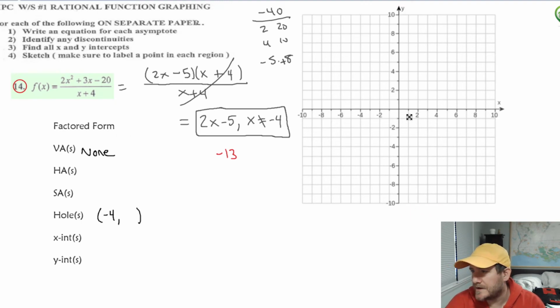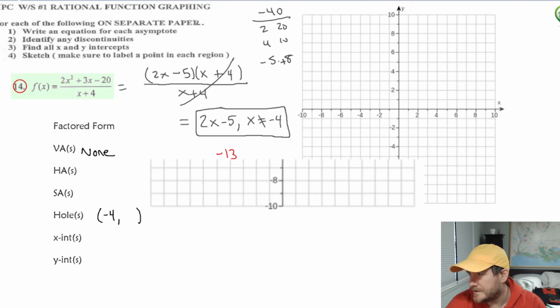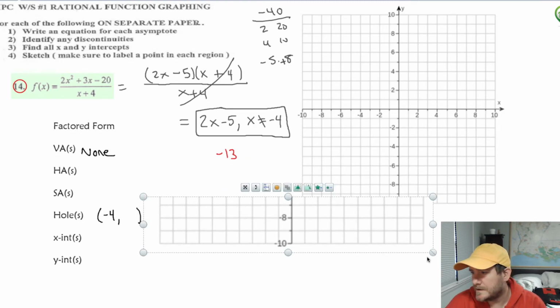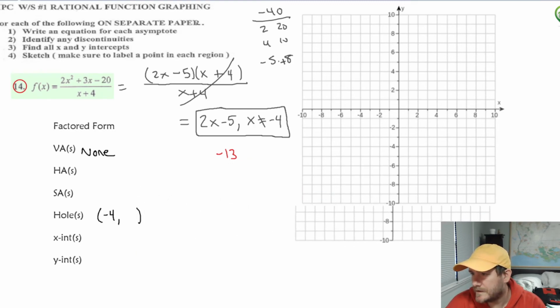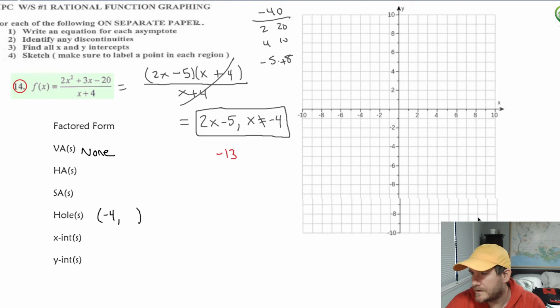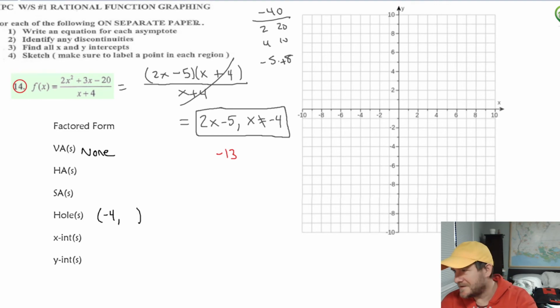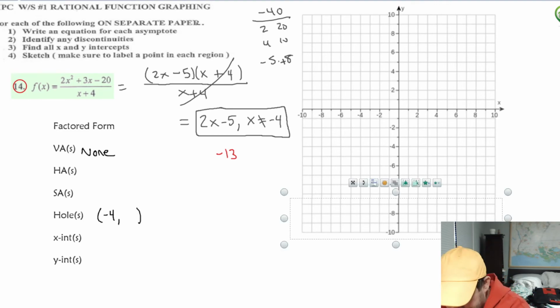I need to go down an extra 3. Is that right? So why don't I just get a few extra bits of grid. Okay, looking good. Looking real good.